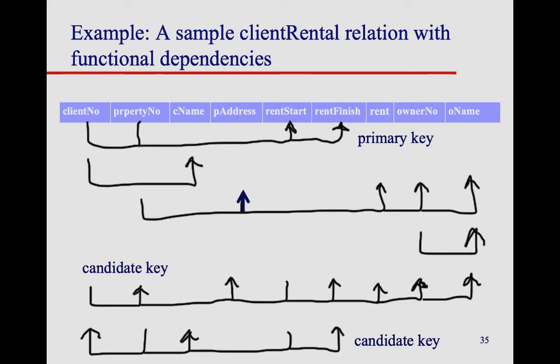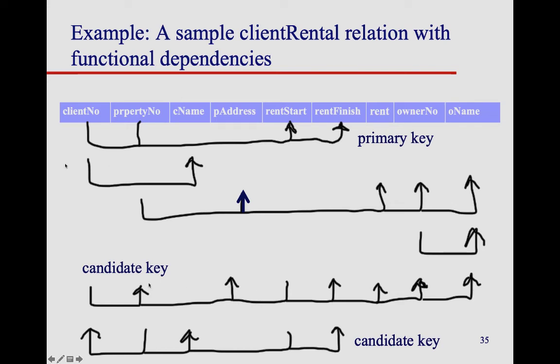Okay, and the reason for that is now when I do the decomposition, if it's client number and rent start, what dependencies will I use to go to second normal form?